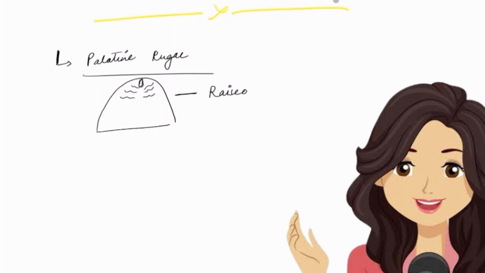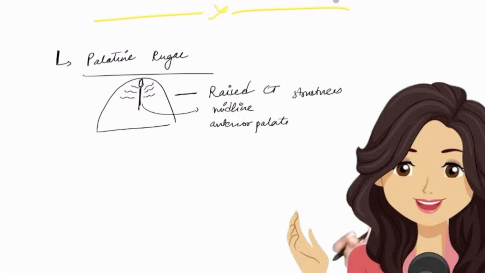Basically, they are raised connective tissue structures radiating from the midline, present in the anterior palate. So one line, but very importantly describing everything about rugae: radiating from the midline, made of connective tissue and located in the anterior palate. That is your palatine rugae.